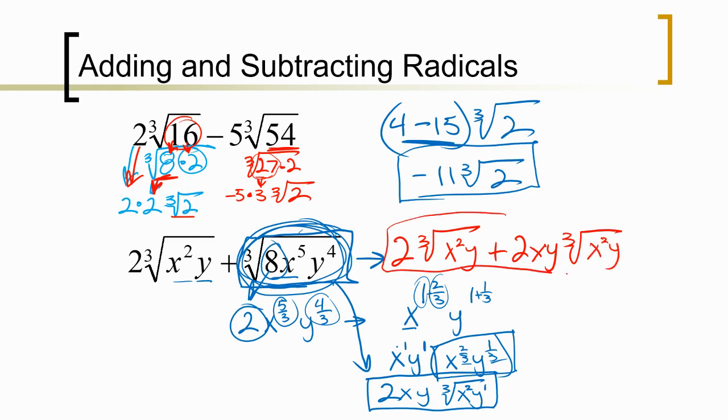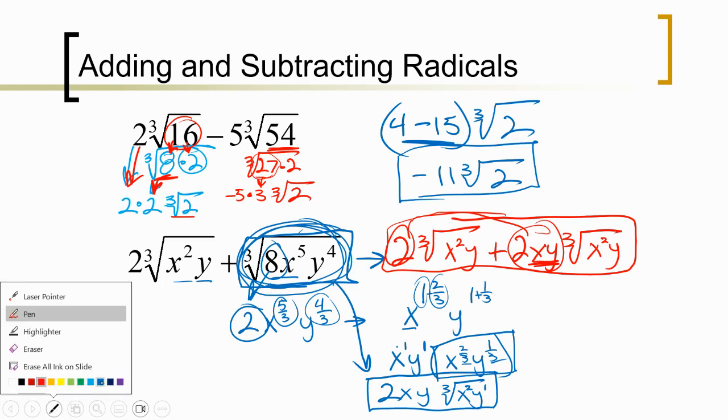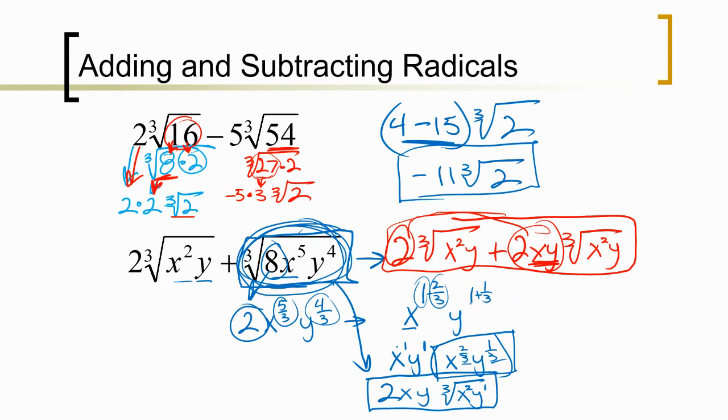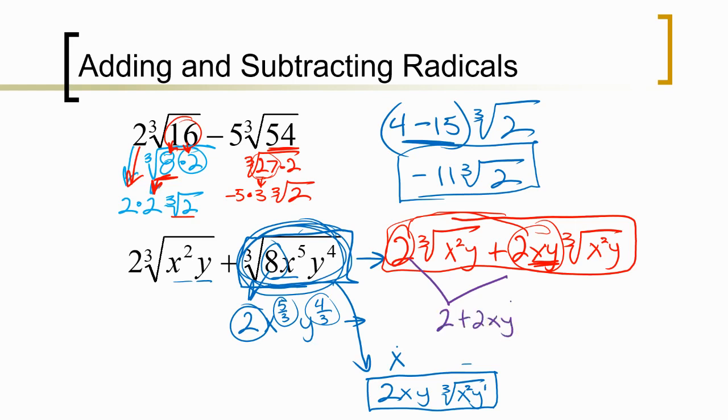And it really isn't that exciting because now that I got there, all I can do is just rewrite this piece plus that piece. But I can't even do anything with it because the xy is not going to allow me to add those together. So what I mean by that is, I'm going to erase this so I can just write it below, I put these together, where this is 2 plus 2xy in parentheses, and then you have the cube root of x squared y.